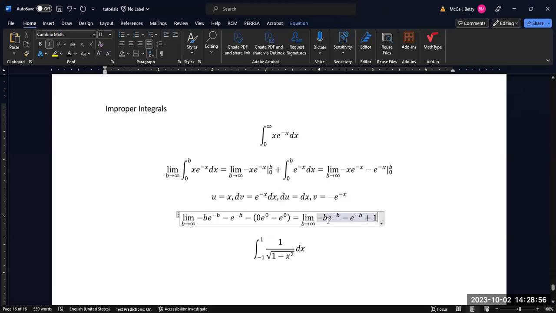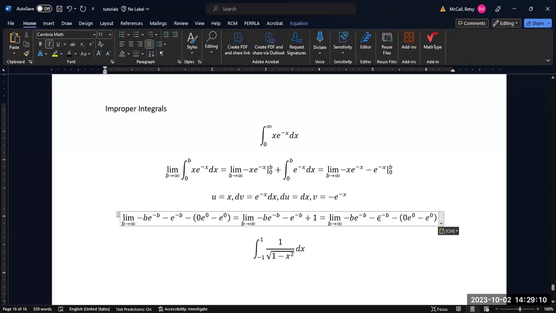And so then the real question is, what happens when we let b go to infinity? So when b goes to infinity, e to the negative infinity, that's going to be 0. So that's going to disappear on us. So that's good. And so now we're just left with this. And for this one, again, technically what we're doing is L'Hopital's rule.